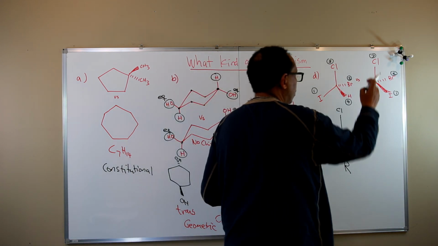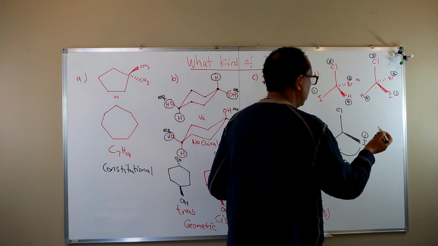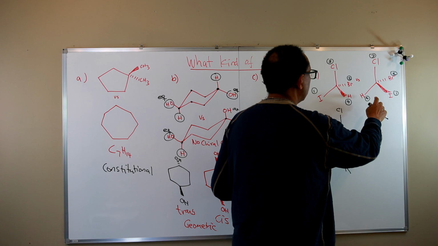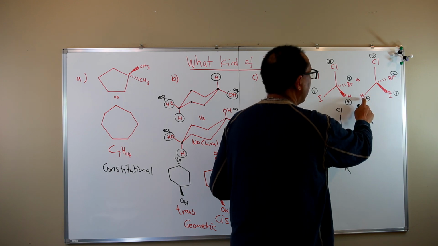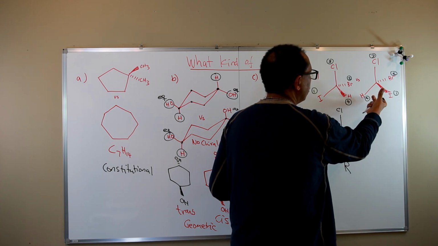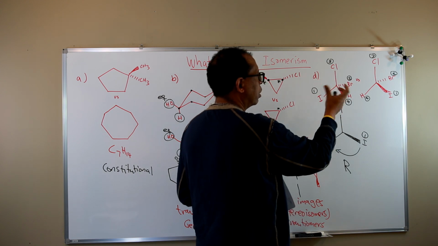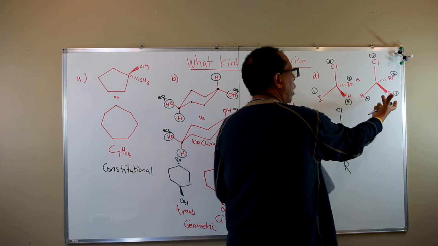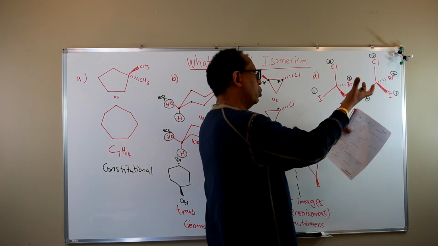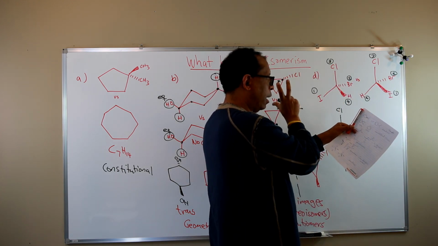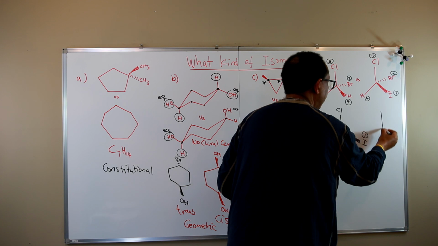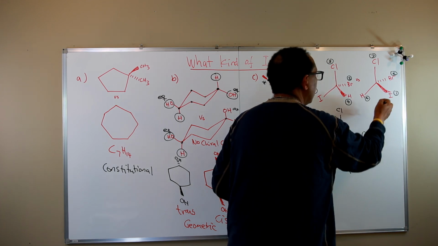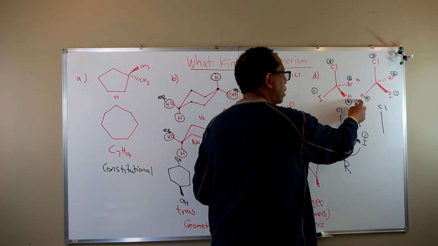How about for this one? For this one, okay, let's just have hydrogen now into the plane of the board. So the iodine would be replacing here. So I'm rotating it to the left. So if you just keep chlorine here, iodine is replacing hydrogen.